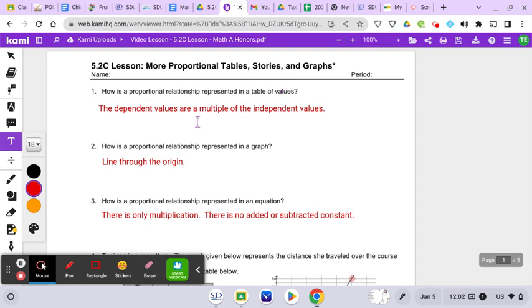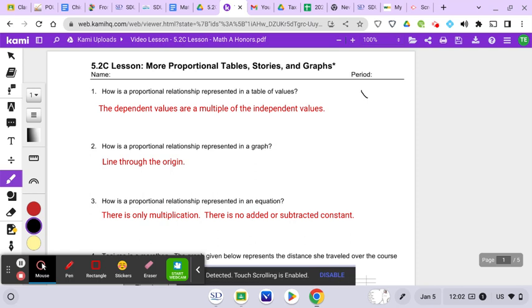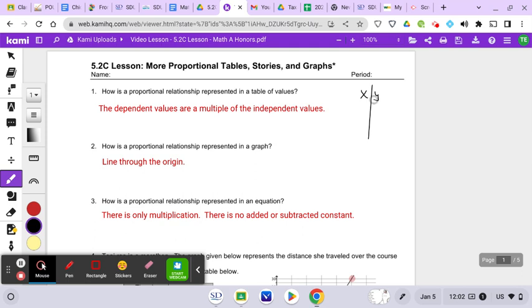So remember, in a table, you have maybe an X and a Y. You have two different variables. They might be lined up in rows, they might be lined up in columns, whichever, and you have some values.